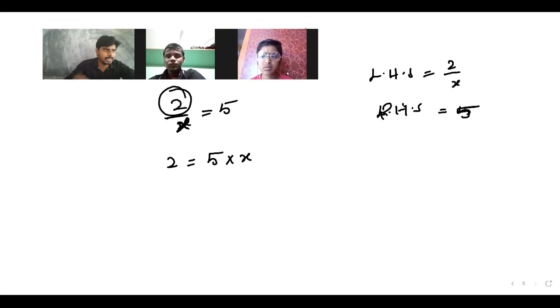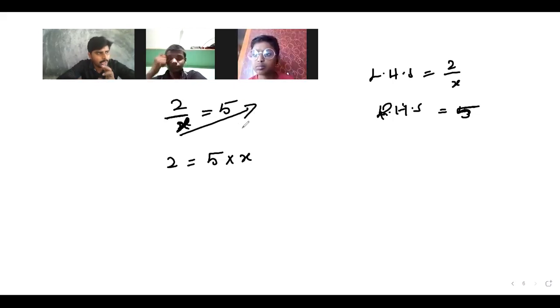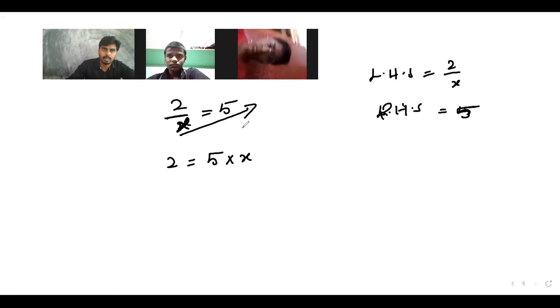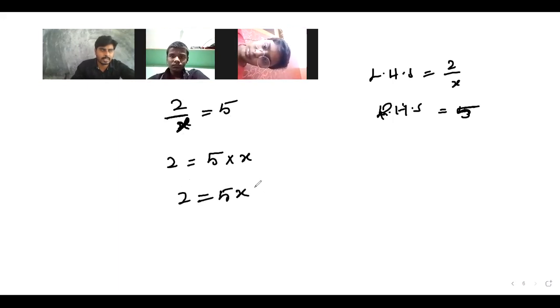If we transpose this to the RHS side, that becomes multiplication to 5. I'll give you some practice problems. So 2 is equals to 5x, and even this we can write 5x is equals to 2, right?